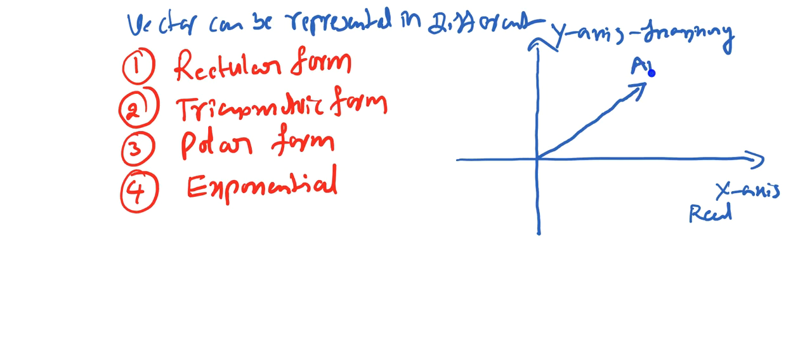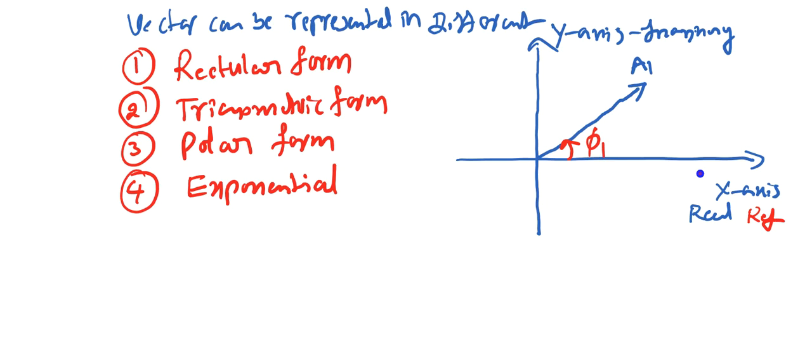This vector A1 makes an angle with respect to the x-axis, which I am assuming as the reference axis. Let us call that angle phi 1, the angle A1 makes with respect to the x-axis.